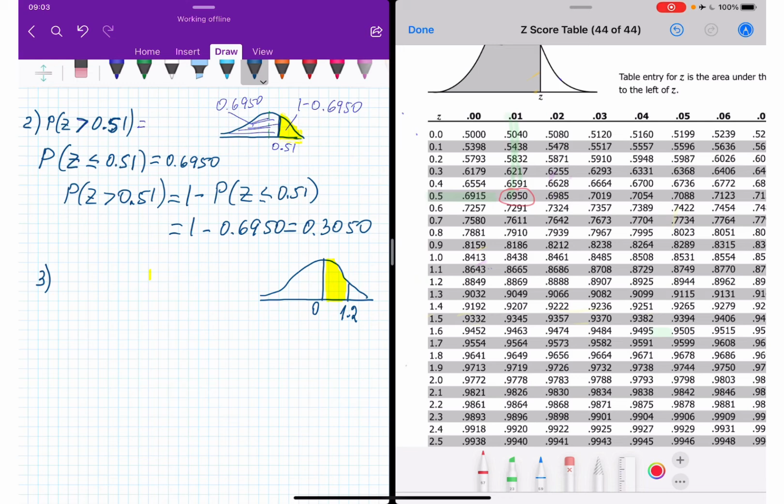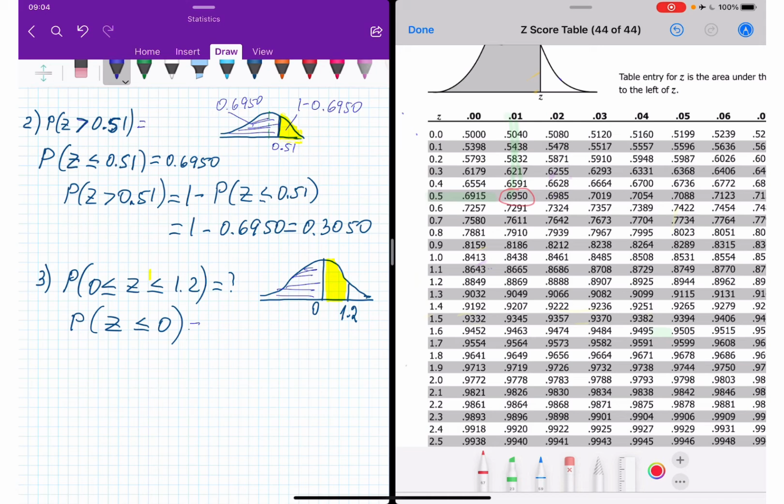So what do we have between? Since we have between, then what are we going to do? We need to find the probability for z-score less than or equal to 1.2. First we need to find the probability for z-score less than or equal to 0, right? Which is going to be this area from 0 to the left.